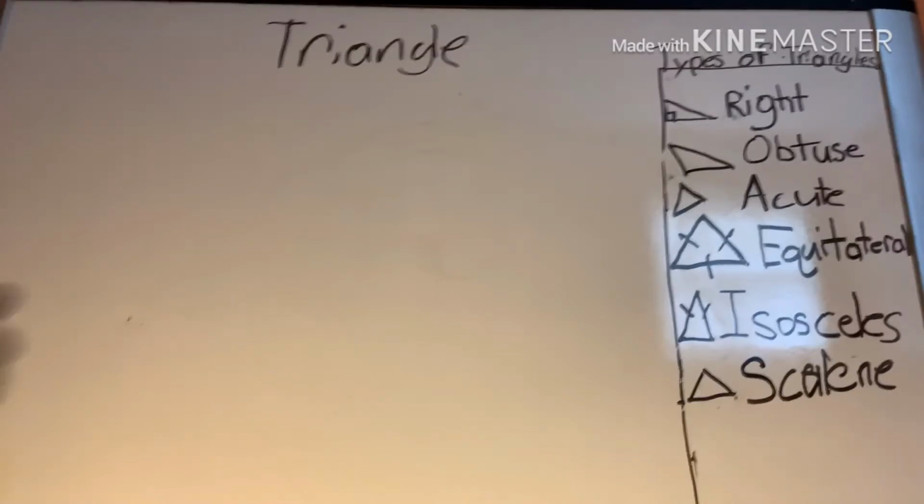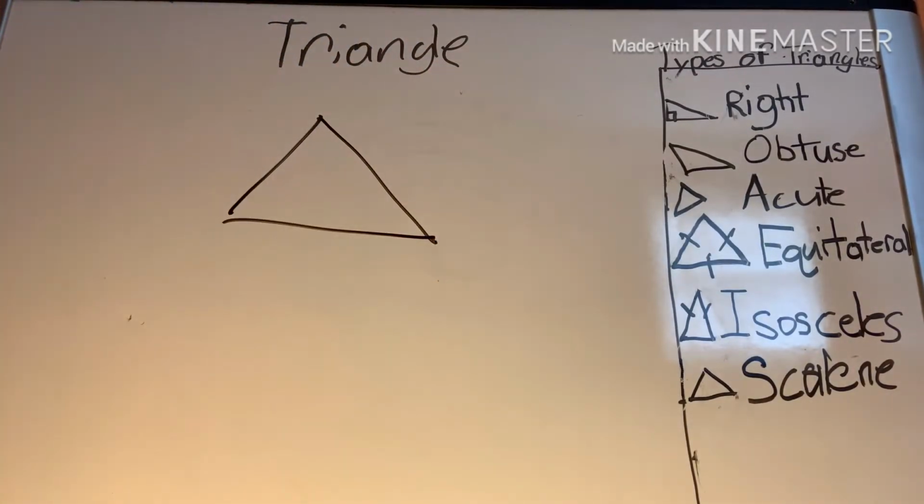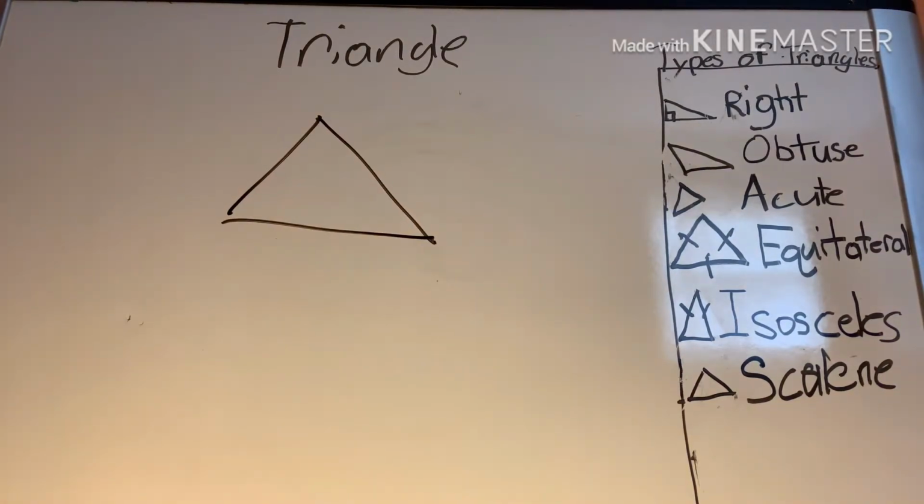So for this, you have 1, 2, 3. Every single side is the same length. On here, it might not be, but on an equilateral triangle, it's supposed to be the exact same length for each side. Like how a square is exactly even, that's what the equilateral triangle is supposed to be.